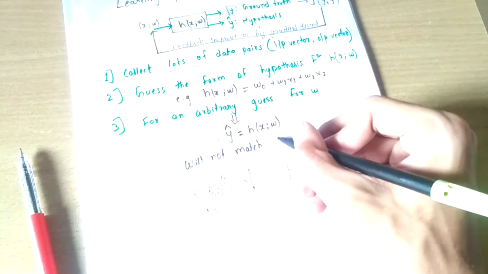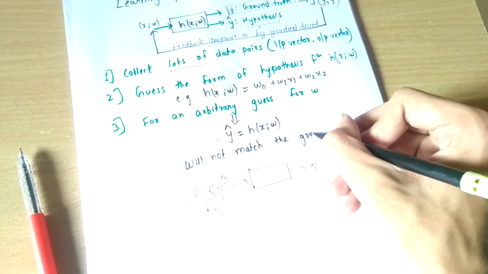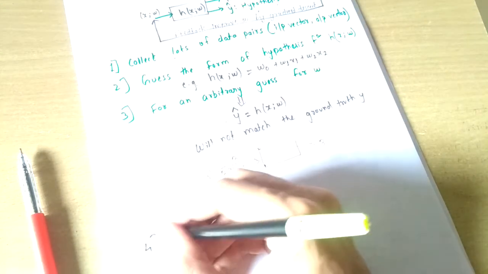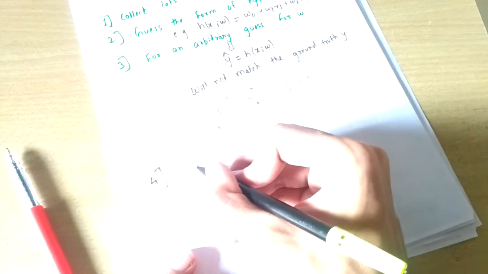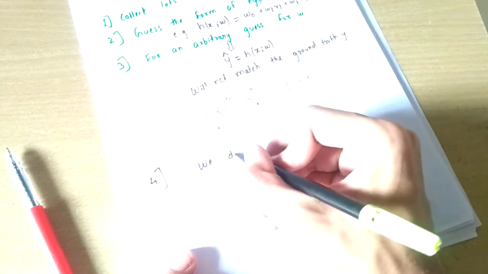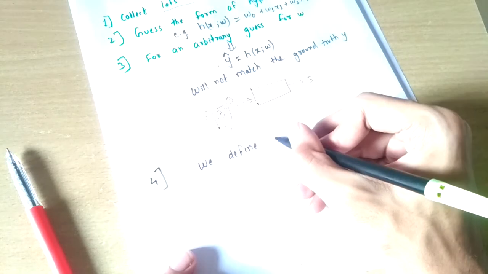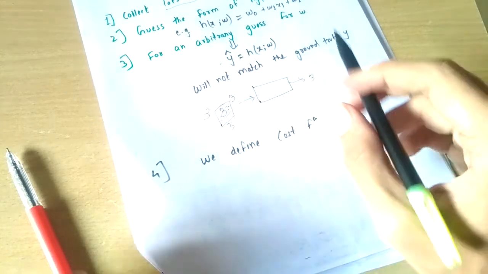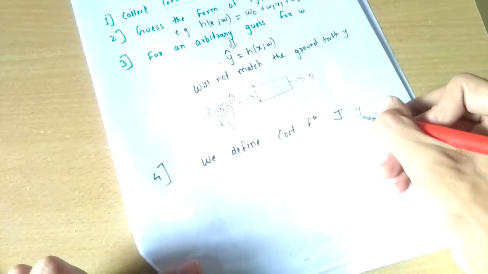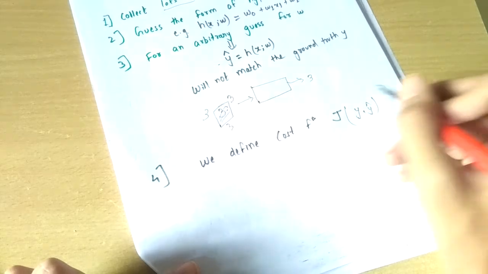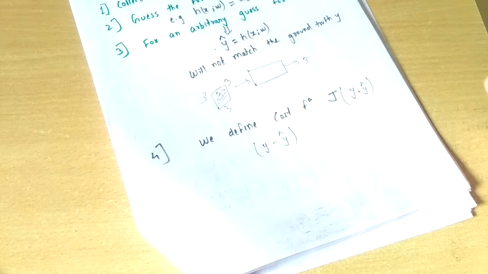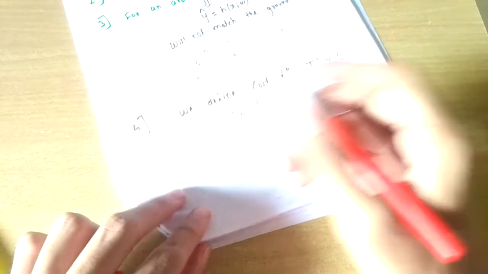So step number 4 is we define one function. We define a cost function, denoted by J, which is nothing but the difference between y and y hat. We'll be discussing the cost function in detail in later videos.